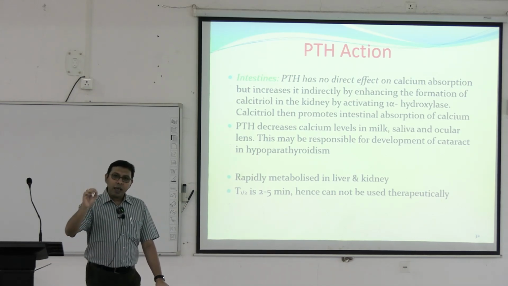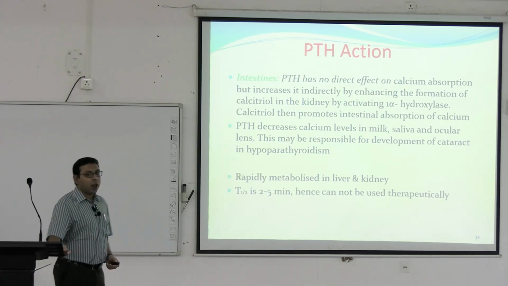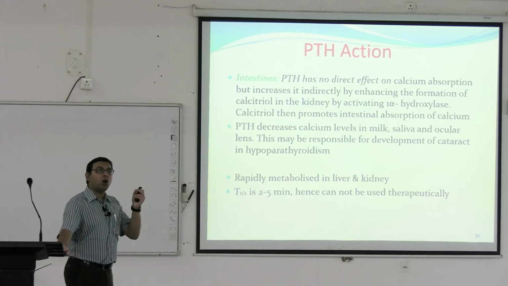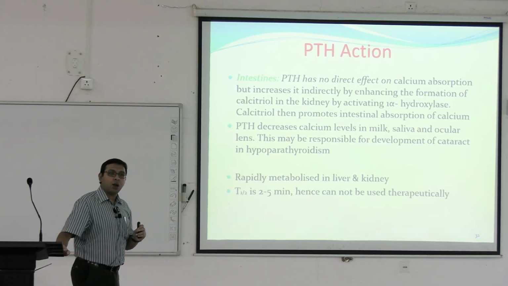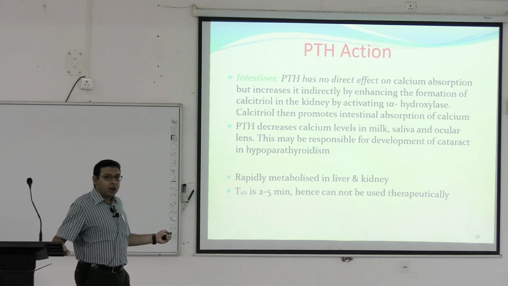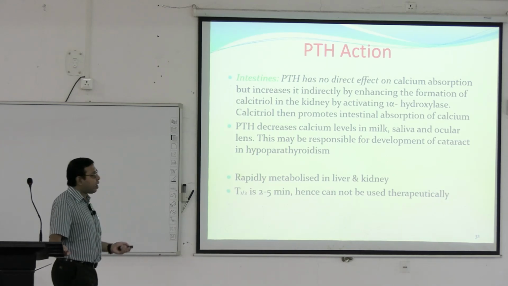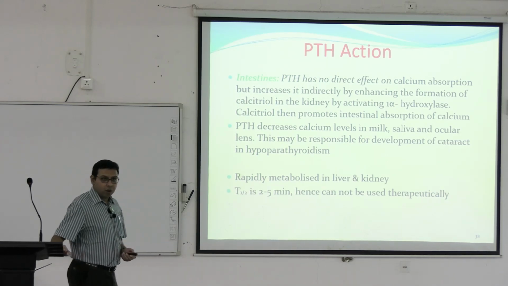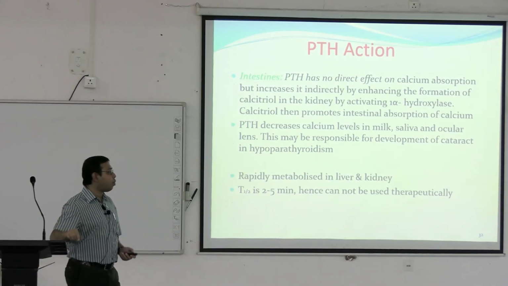The ocular lens also needs an adequate amount of calcium as well as parathyroid hormone to be transparent. So hypoparathyroidism leads to accelerated cataract formation.